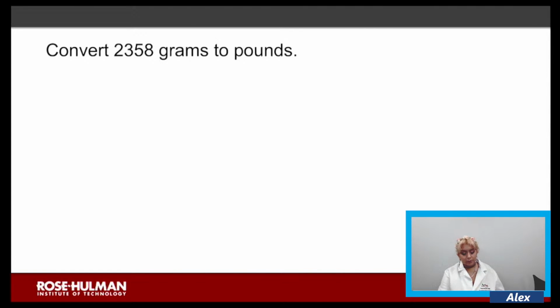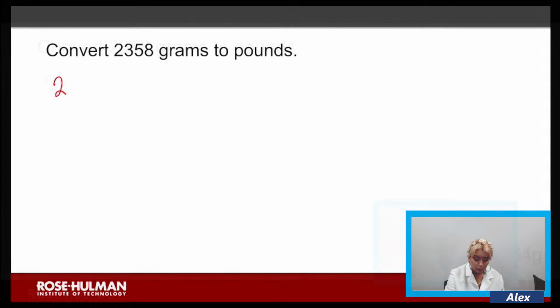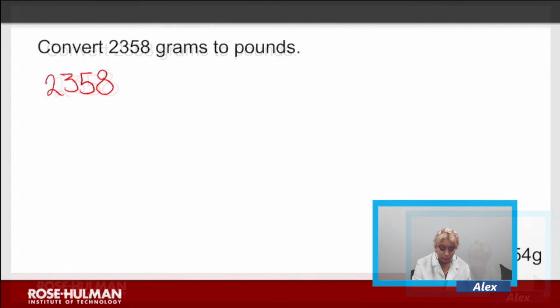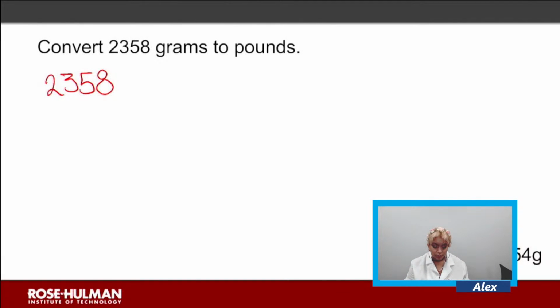So an example that we have here is convert 2,358 grams to pounds. What I like to do for these types of problems is write out 2,358 grams over 1.